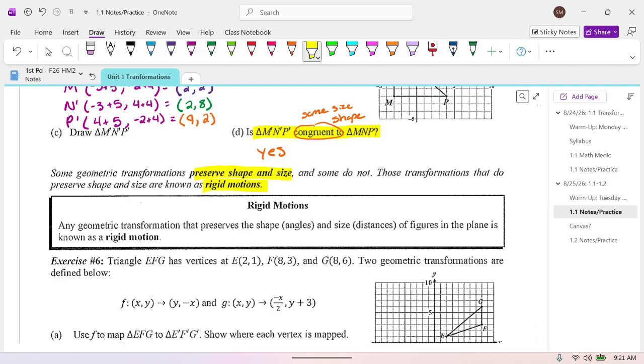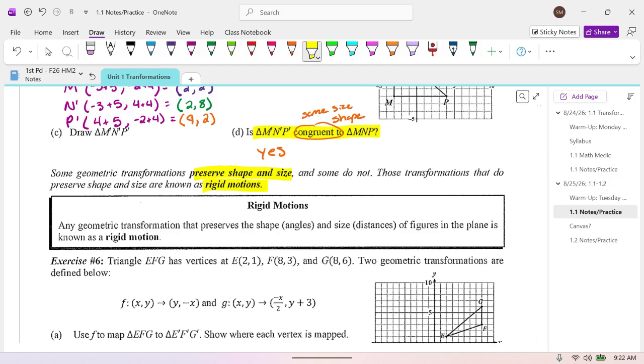So in the land of transformations, we learned about 4 different types: translations, reflections, rotations, and dilations. Some of them are rigid motions, some of them are not. I'm not going to tell you which ones are which yet, so you probably already know or can take a guess. All right.